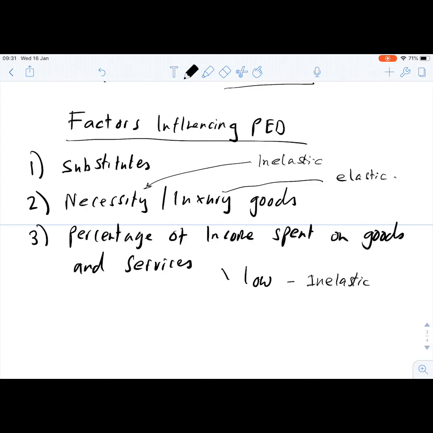The price will increase dramatically, and it would be a huge percentage of somebody's income. So if the product is a high percentage of a consumer's income, then the price elasticity of demand will be elastic.